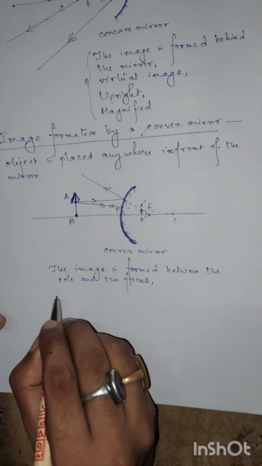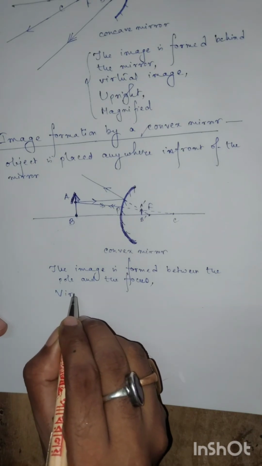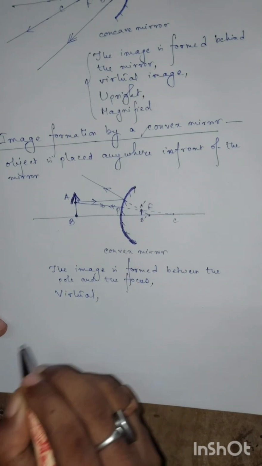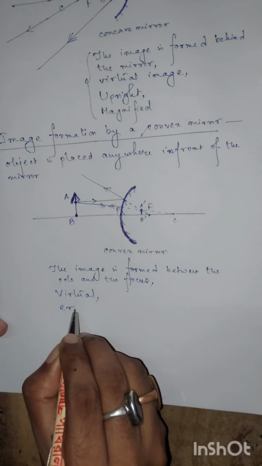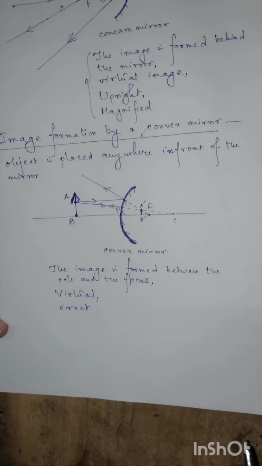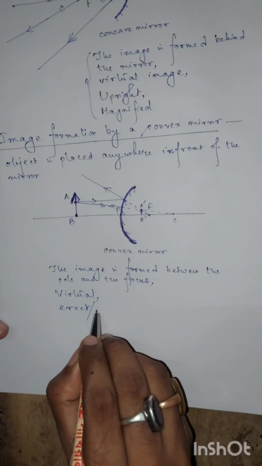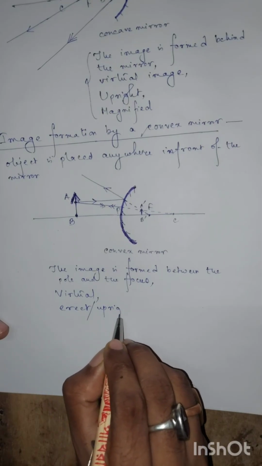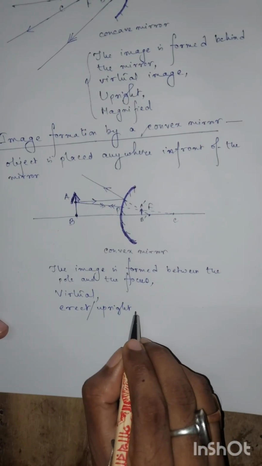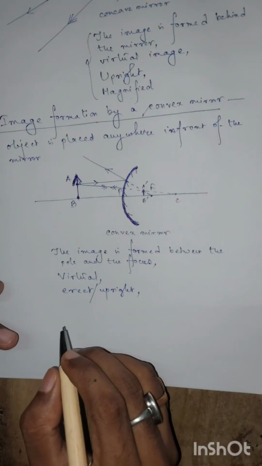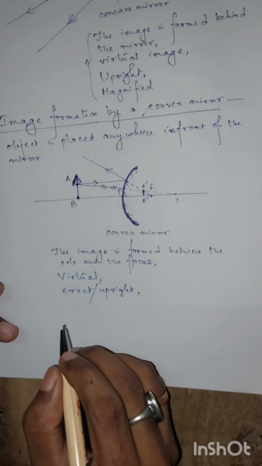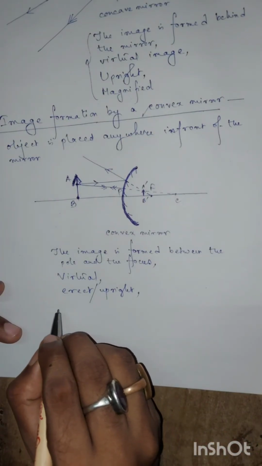The image is virtual, it is erect or upright with respect to the object, and the image is diminished.